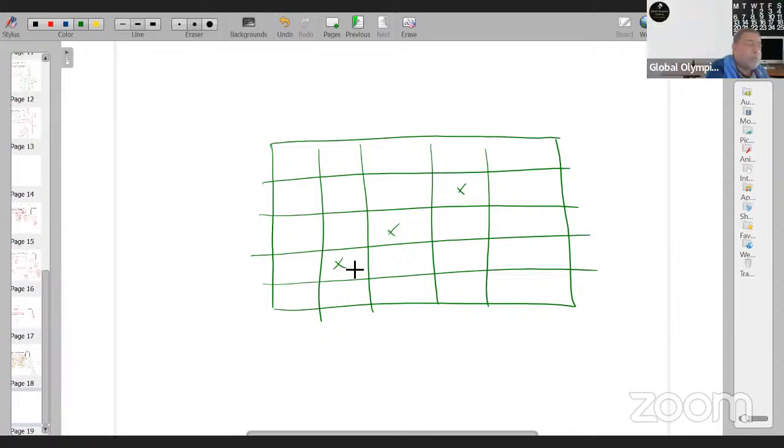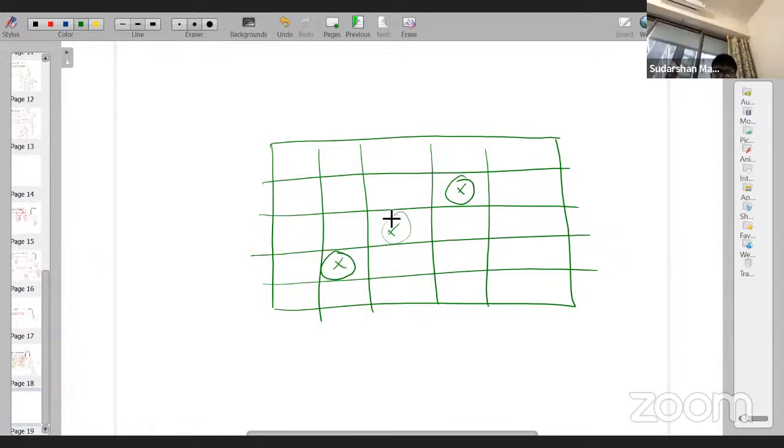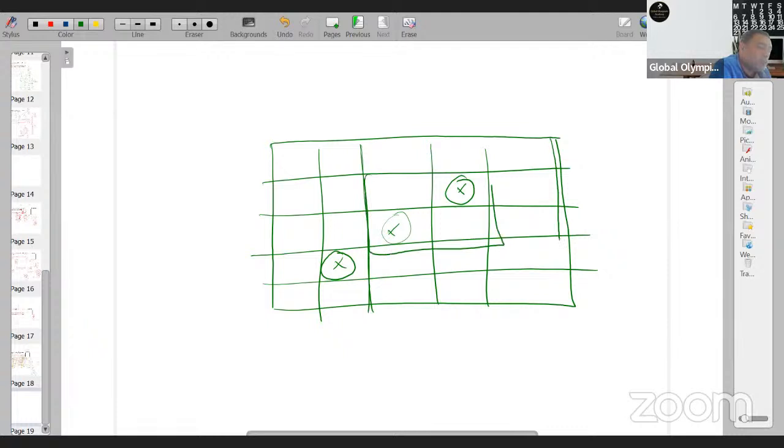So in this also, we know in this case, can there be a rectangle which includes this one and this one, but does not include this one? Can there be a rectangle? No. Correct. So we will first say, let's count all the rectangles which cover only these two. That we can count, right? Lines to the left, lines to the right, lines to the top, lines to the bottom.